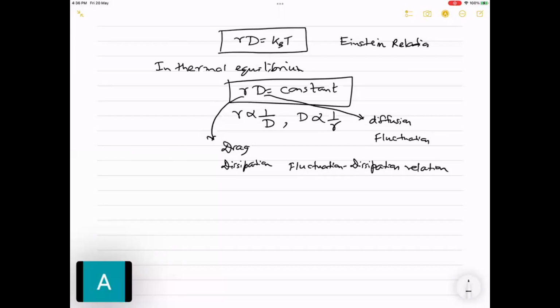How many of you think that scientists believed in the existence of atoms and molecules in the year 1905? Please raise your hand. I want to see. If you think that by the year 1905 people had started to believe in the existence of atoms and molecules, please raise your hand.